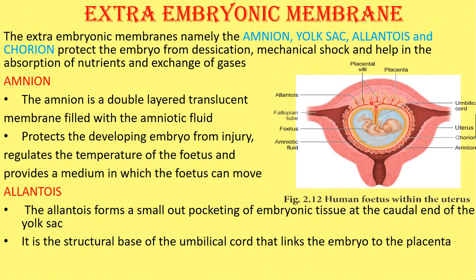Okay, all these are protective. So you can see a double layer membrane called amnion, and next, in the caudal end, allantois will be there. It is the structural base for the embryonic development of the umbilical cord, and the outer membrane is called chorion. And chorion produces some villi-like structures.